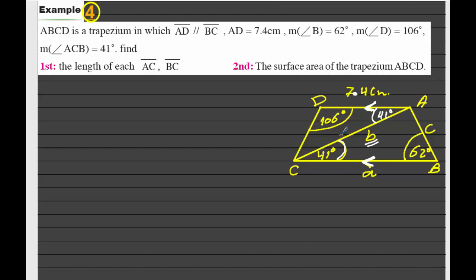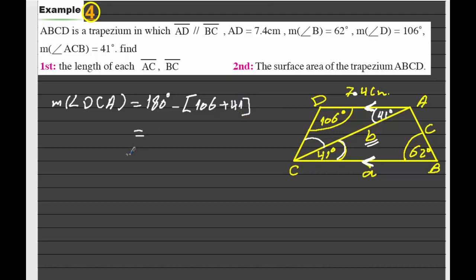So what is the measure of the third angle? Measure of angle DCA equals 180 degrees minus 106 plus 41.